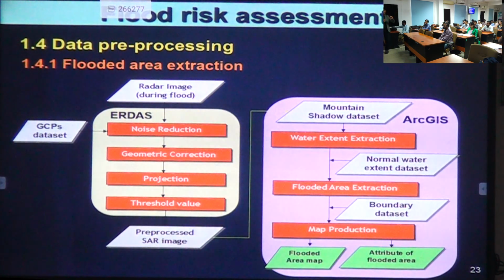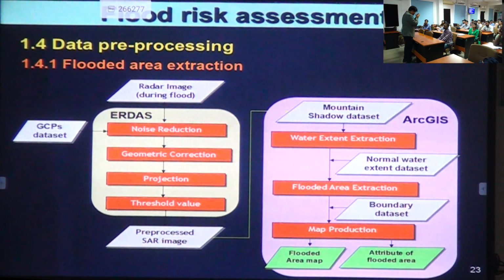But in radar, you are talking about the backscatter coefficient. Radar works in a totally different way than a regular image. In an optical image you have the digital number value or pixel value, or gray level values. But in radar, you have the backscattering coefficient, sigma naught.